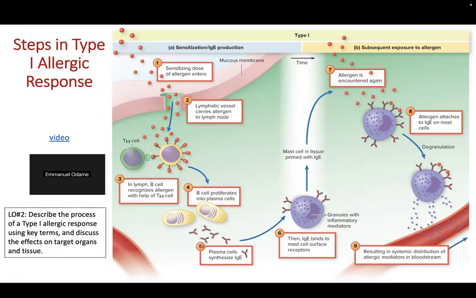So now here in step 5, the plasma cells are secreting IgE, and the IgE then goes ahead and binds to the mast cell surface. Inside, the mast cells have granules with inflammation mediators. So then it just waits.